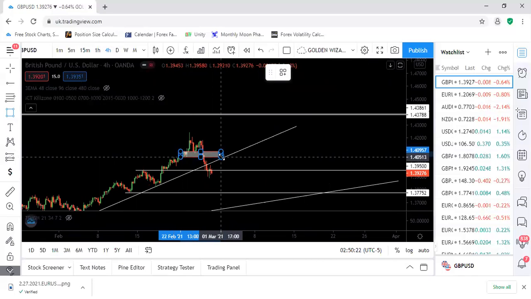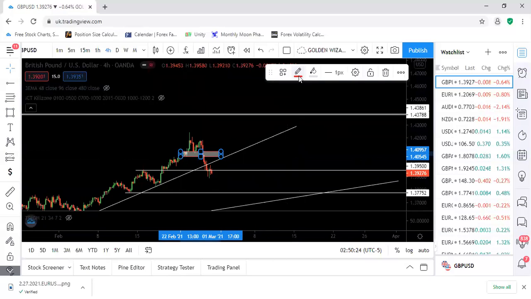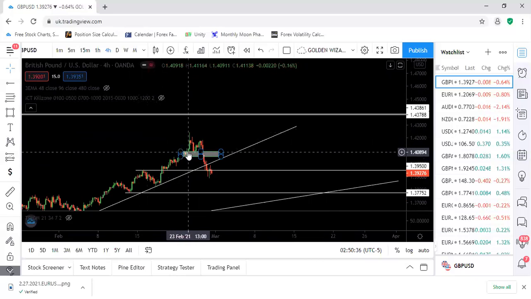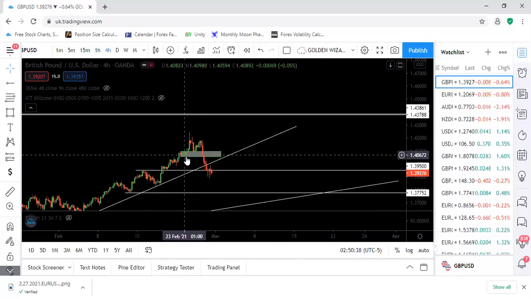What we can see is prior to this reversal, this was the bullish order block, the last bullish order block that created this high. You see the last down candle before the upswing? That's the order block. What that does is allows us to speculate that this was the area where the banks were buying. This is the price level where the banks were taking their buy.